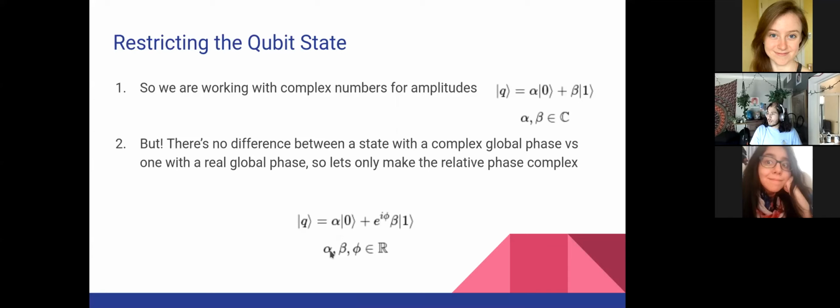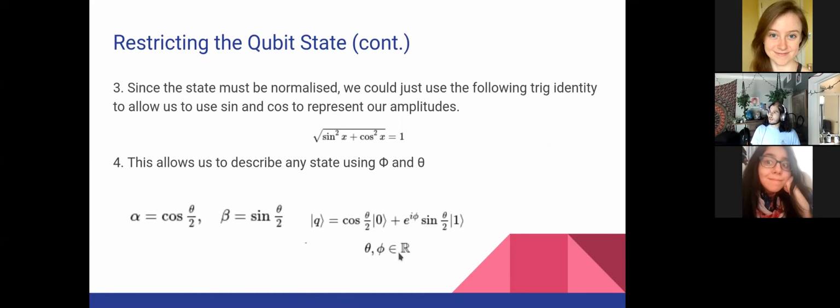And so we can then put alpha, beta, and phi into the class of real numbers, right? And make our work a little easier, at least when we're hoping to represent this on a Bloch sphere.